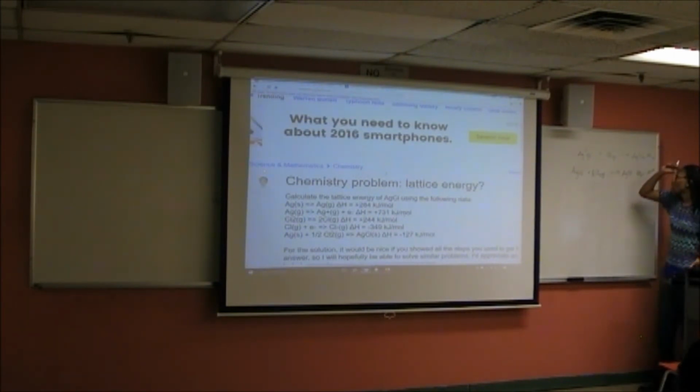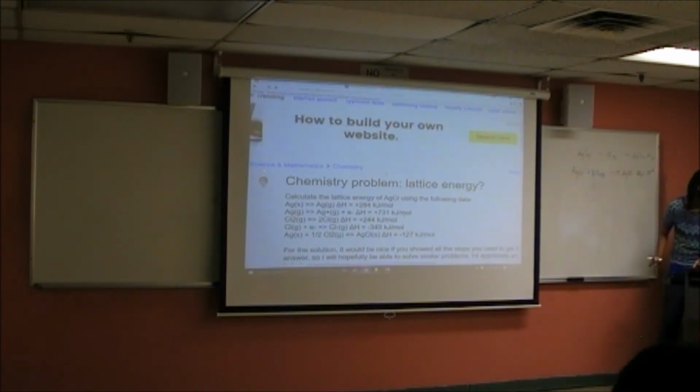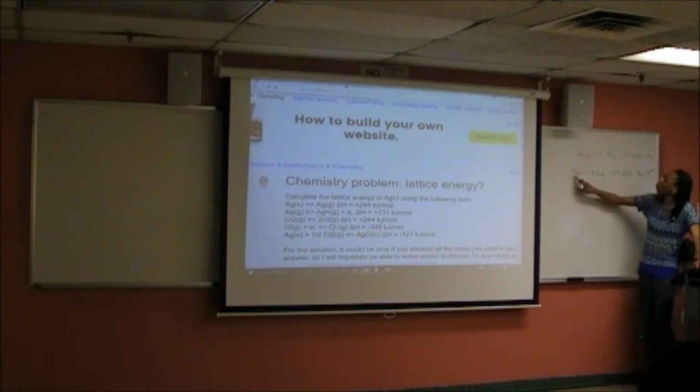Quick question. Before you go further, did you put the coefficient as 1/2 because you have 1 Cl on the other side? Yes. Balancing the equation. The information is negative 127 kJ. So now, what do you need to do to silver to get it ready?